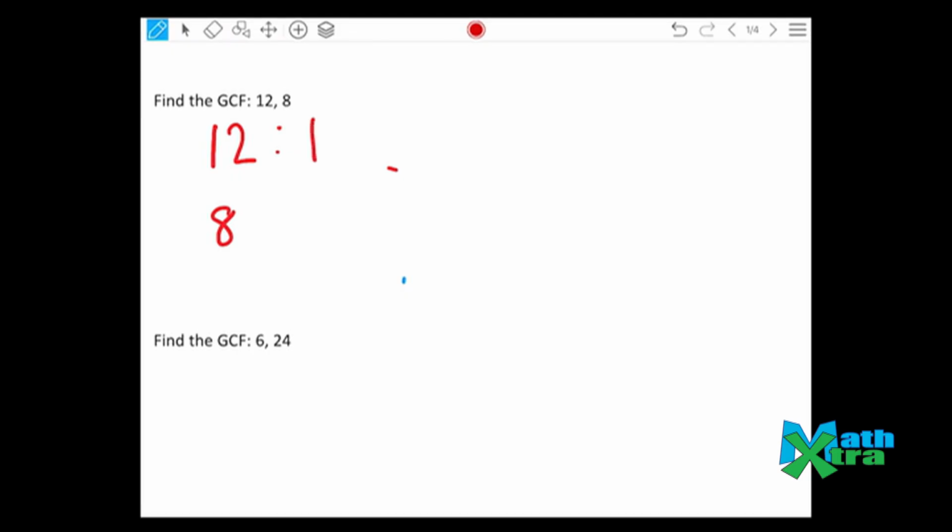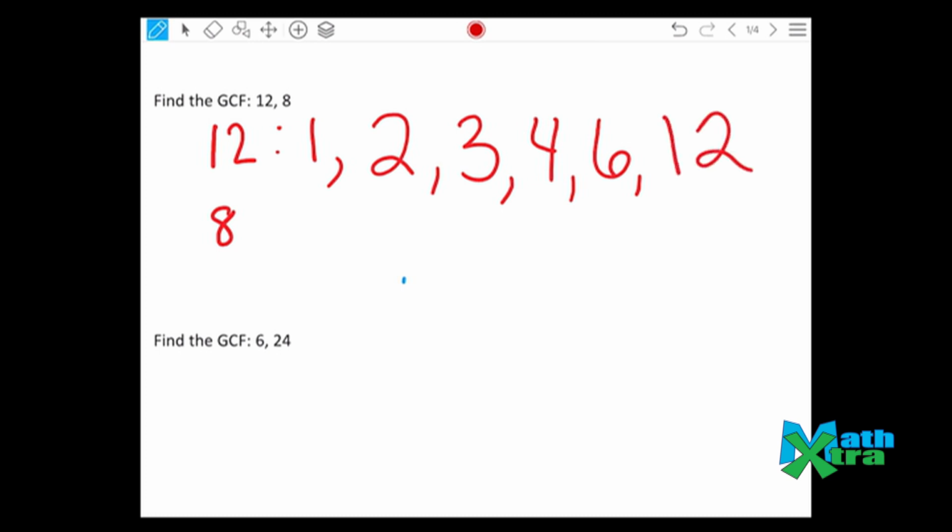So let's look at 12. 1, clearly 1 times 12. 2, 3, 4, 6, 8, no. 9, 10, no. And we have 12. The way I want to look at this is what two numbers multiplied together will give me 12. So we have 1 and 12, 2 and 6, 3 and 4.